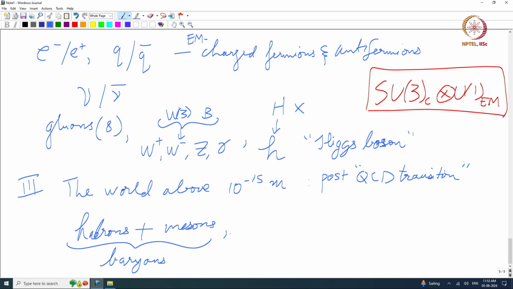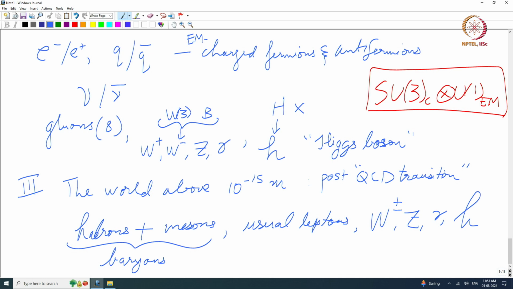And you have all the usual leptons, the electron, neutrino and so on. And of course, this is left intact: the W plus and minus, the Z boson, the photon, the Higgs boson and so on. So this last is obviously the world that we are living in, our natural state.